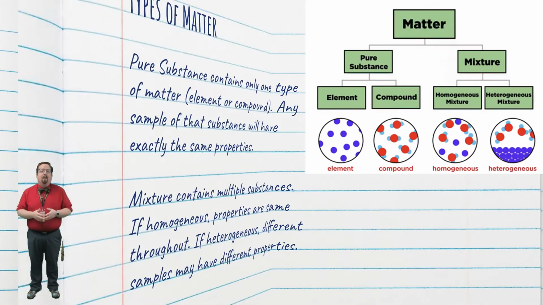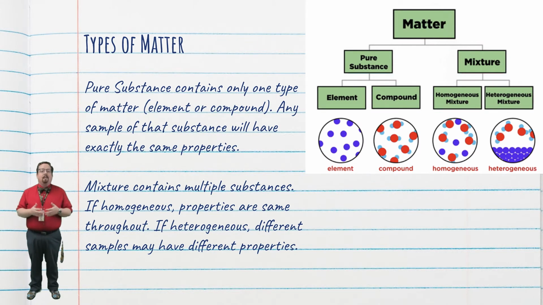You've probably learned this before, but a pure substance only contains one type of matter, either an element or a compound. It does not have more than one type of element or compound in it. That's what makes it pure. If you'll remember, an element is any of the 118 elements we can find on the periodic table. And a compound is when we have some atoms of those elements stuck together with chemical bonds.